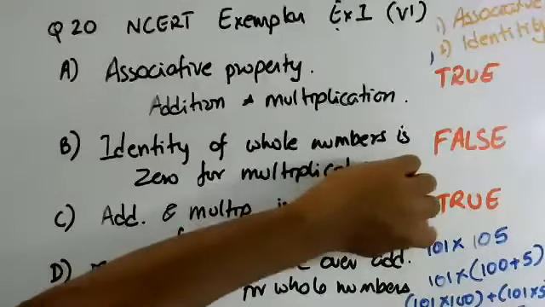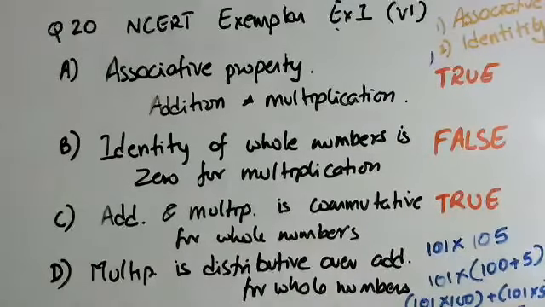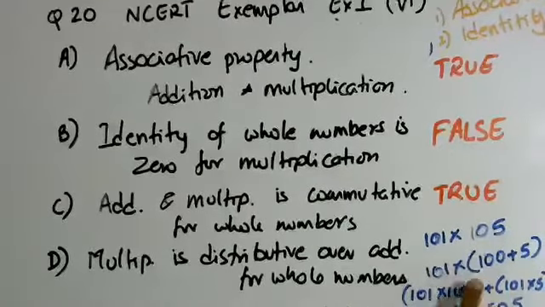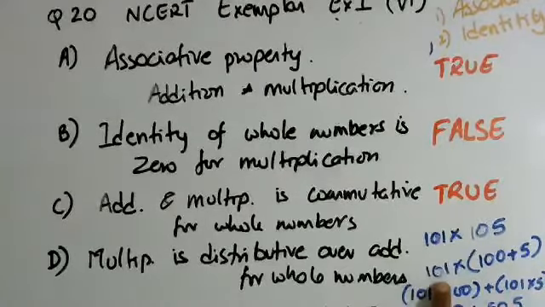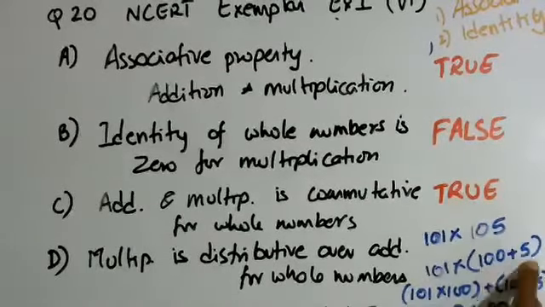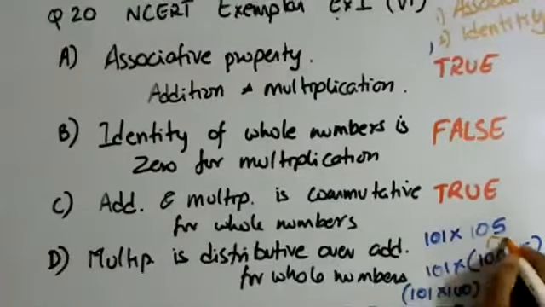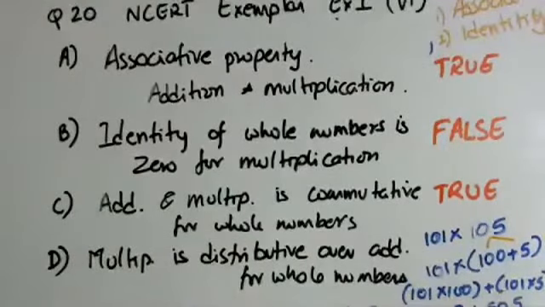So this example, can you see 101 times 105? So this number I can choose to write as 101 times, 105 I am writing as 100 plus 5. Is that correct? Can I write 105 like that?